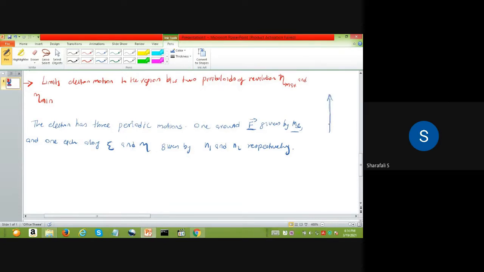So if you have your L value, L can take different values depending on that theta angle. So the projection of this L on the z axis will be given by that ML.